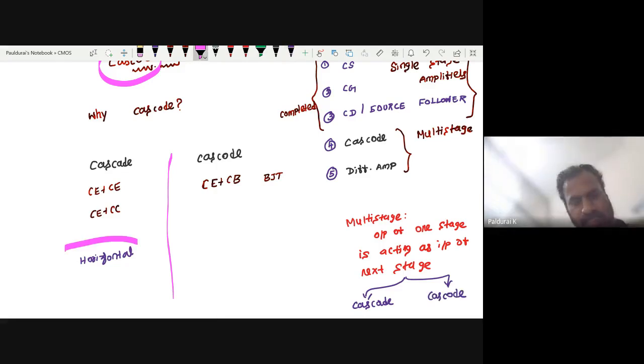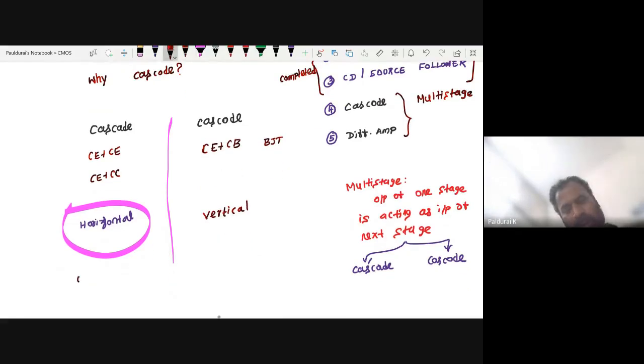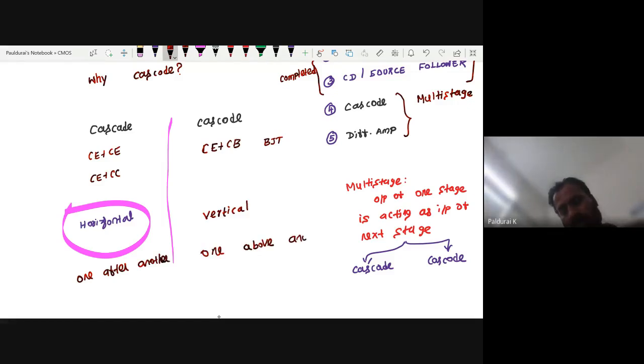If you connect horizontally, one after another, then this is called cascade. If we connect vertically, one above another, then it is cascode. So either vertical or horizontal. All this we studied in BJT, from EC1.